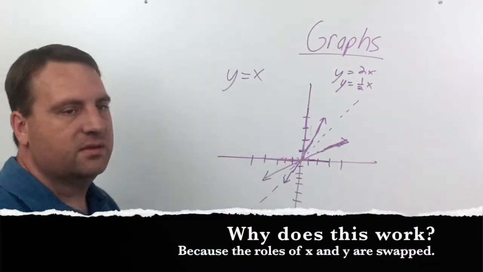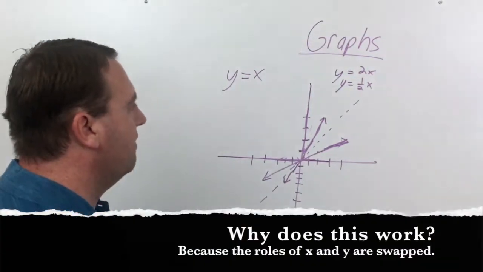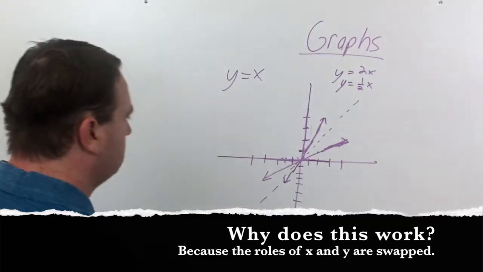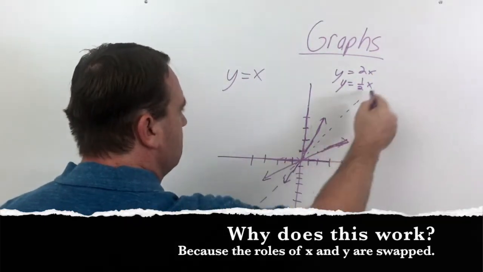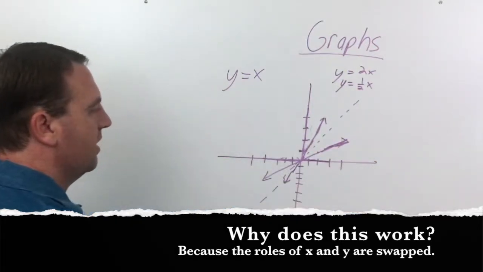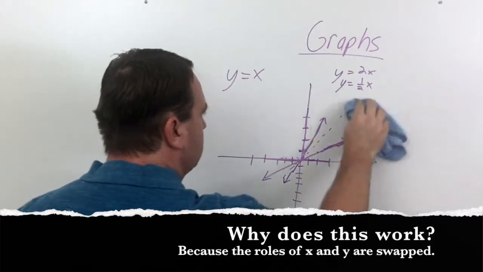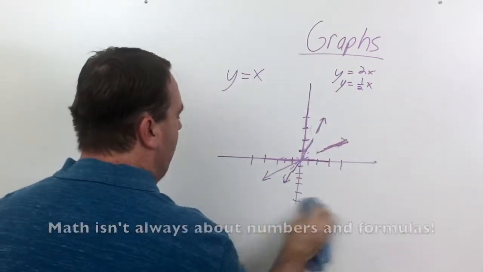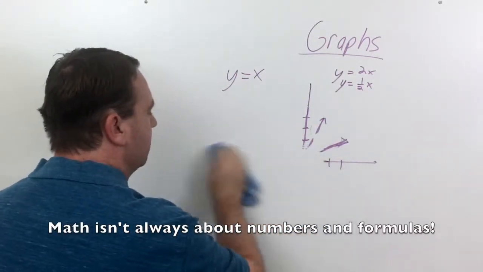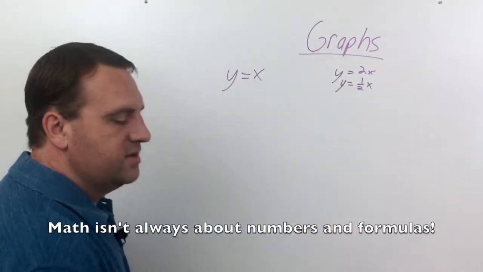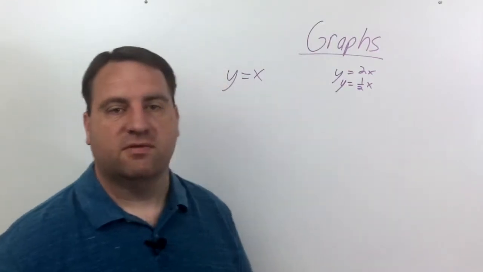And that's true of anything. No matter how complicated your graph is, to go from the function to the inverse function, all you have to do is reflect it over this line. So that helps you sometimes if you ever have a function that all you have is the graph, and you don't actually have a formula for it. You can develop the inverse function just by taking that graph and reflecting it.